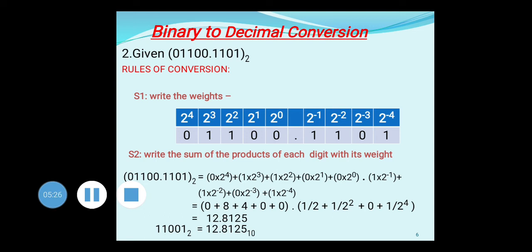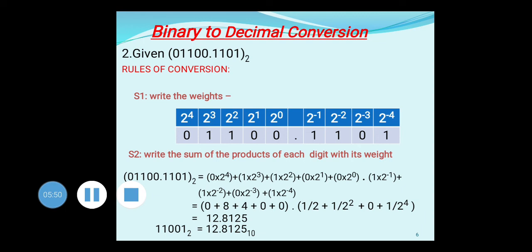For the integer part, you write 2 raised to 0, 2 raised to 1, 2 raised to 2, 2 raised to 3, 2 raised to 4, and so on. And for the fractional part, you write 2 raised to minus 1, 2 raised to minus 2, 2 raised to minus 3, 2 raised to minus 4, and so on, as written in the table. The next rule is the same.